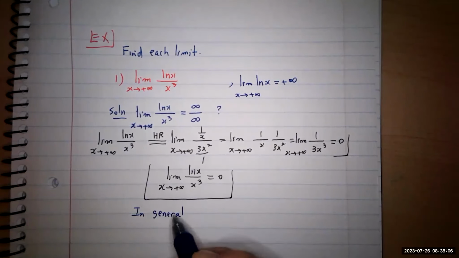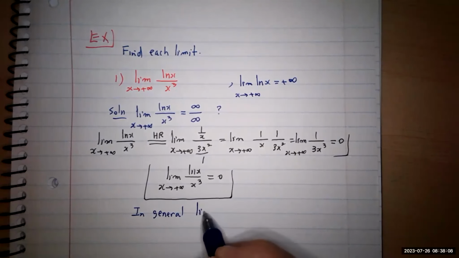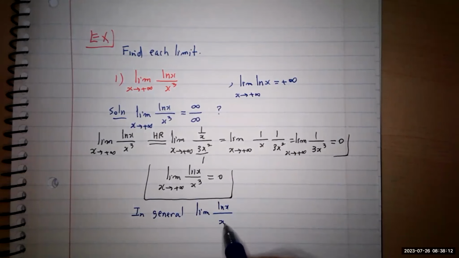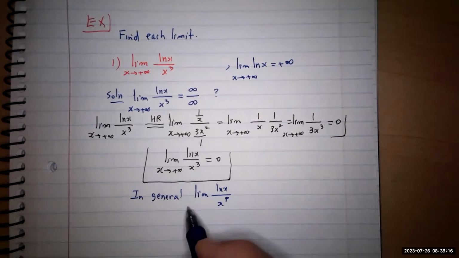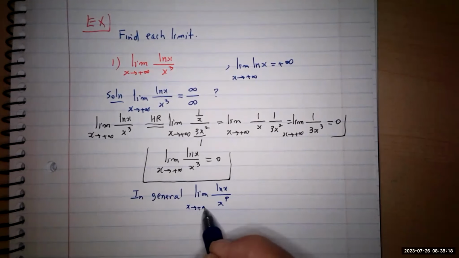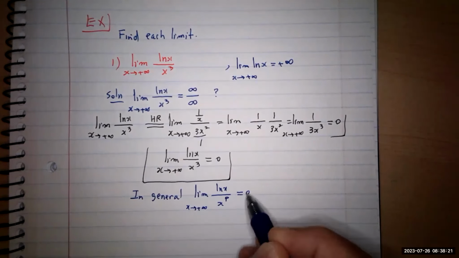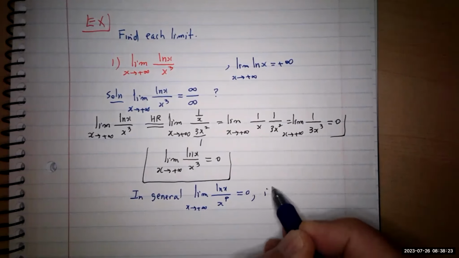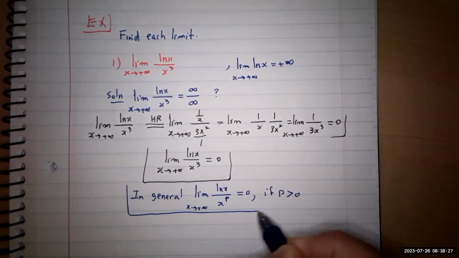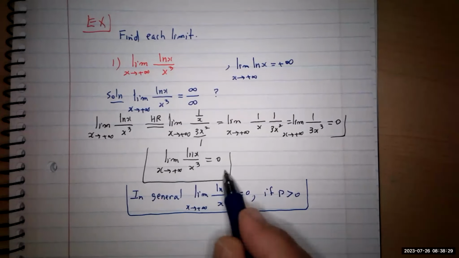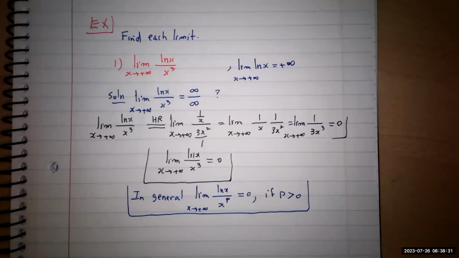In general, the limit of ln x divided by x to any power, when x goes to infinity, is equal to 0. And this power must be a positive number. You see, it's just for your information. You know the answer is 0, but you have to prove it for us, okay?